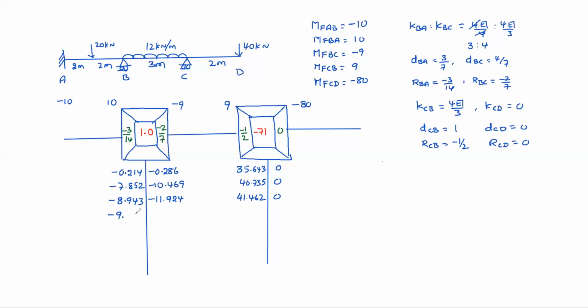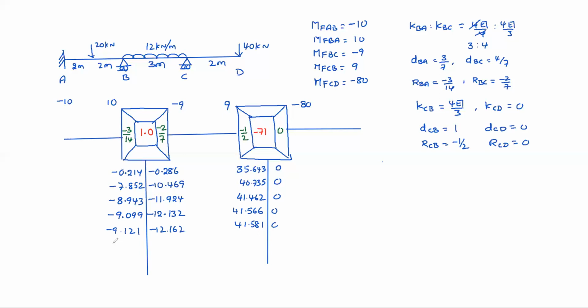Minus 9.099, minus 12.132, 41.566, 0. Then next cycle, minus 9.121, minus 12.162, 41.581, 0.